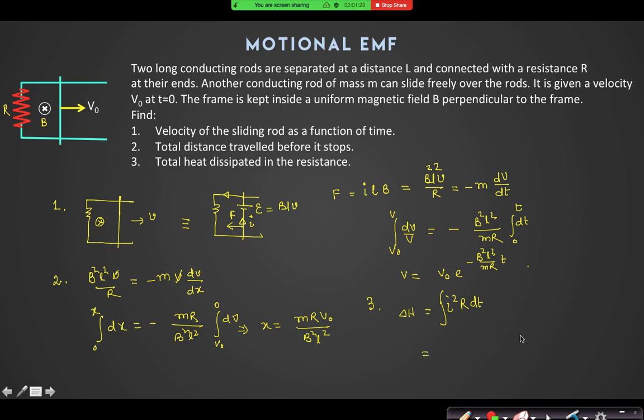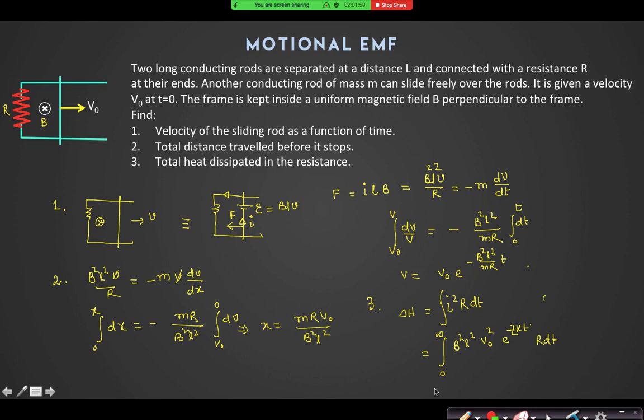So B square L square into v square, where v square is v0 square e power minus 2kt, into R dt. You can do it from t equal to 0 to infinity. Why infinity? Because the velocity will be 0 at t equal to infinity. Can you see that?